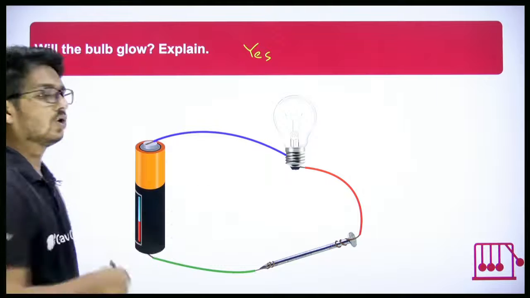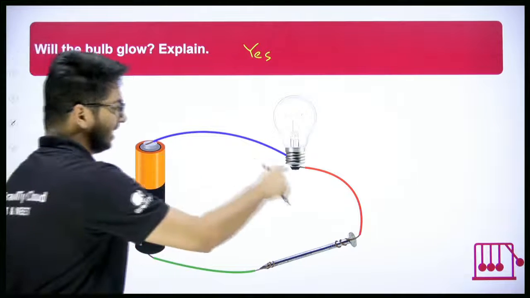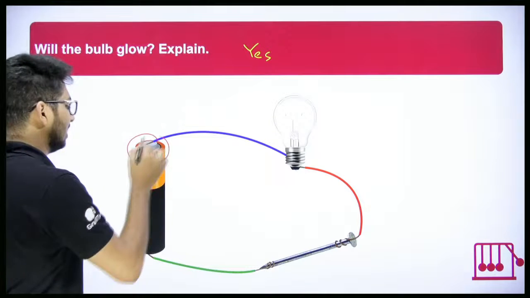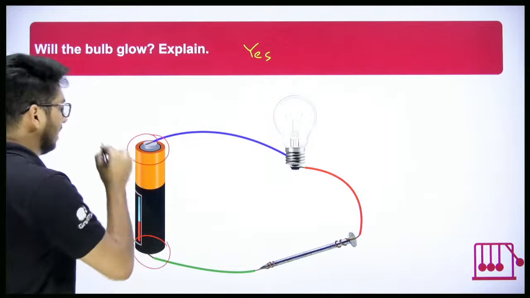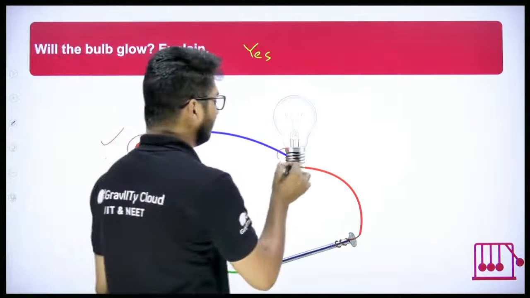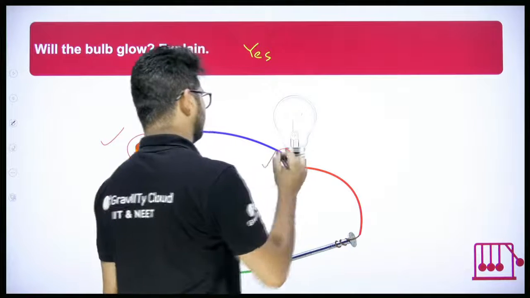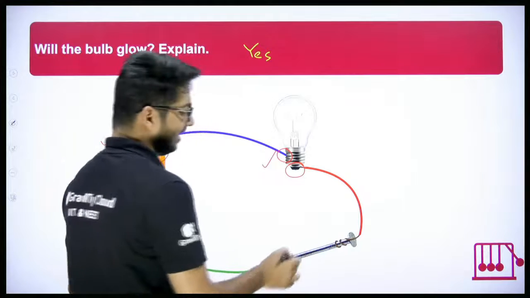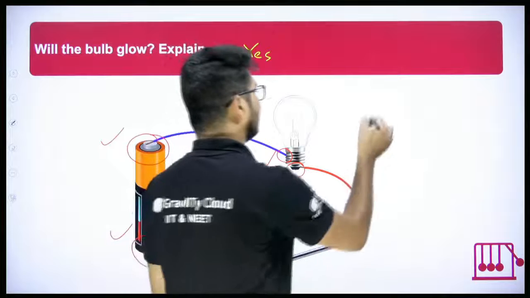Is the circuit closed? See, is it open anywhere? No, it is not open anywhere. Are the two terminals of the battery or the cell connected? Yes. Are the two terminals of the bulb connected? Yes. And is the iron nail a conductor?